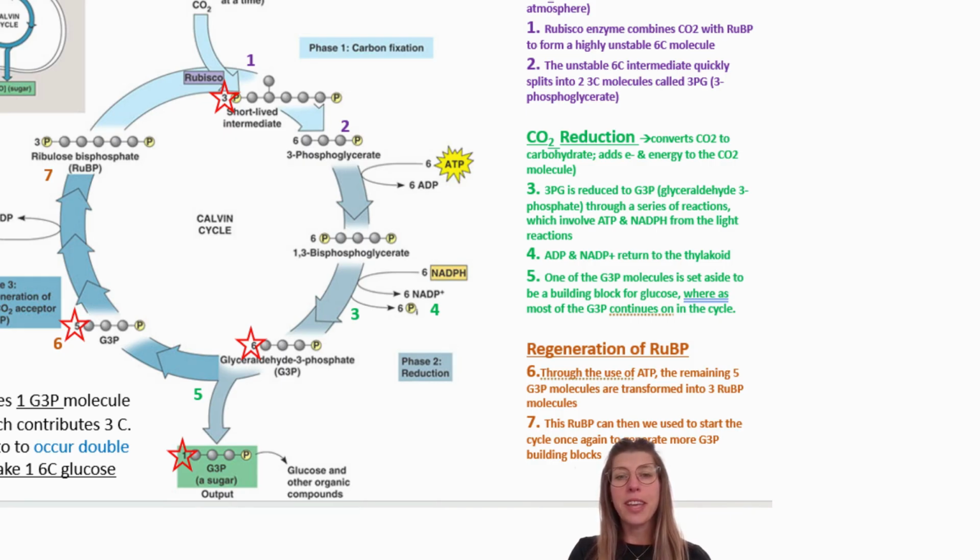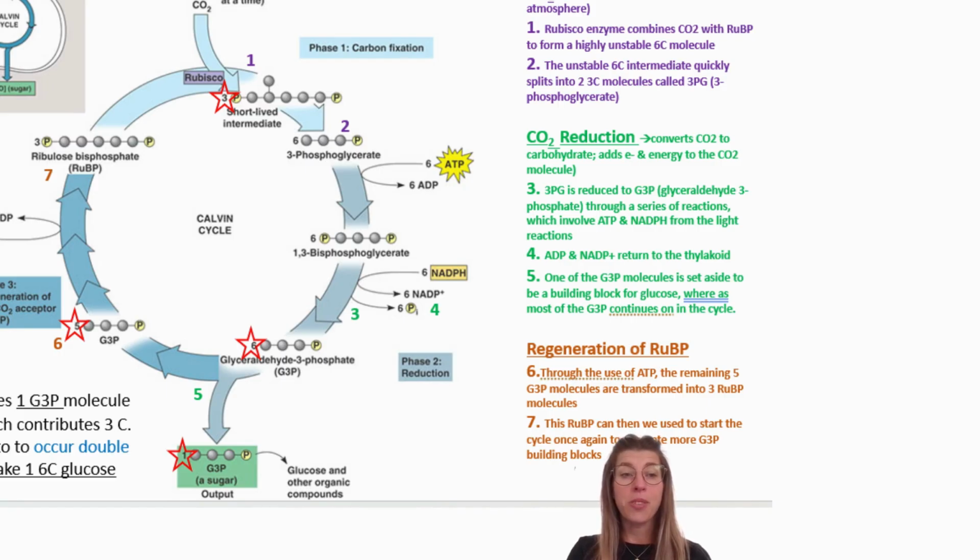So at step 6, through the use of ATP coming in, the remaining 5 G3P molecules are transformed into 3 RuBP molecules. And this RuBP can then be used to start the cycle once again to generate more G3P building blocks. Phew! Okay, that is the cycle.